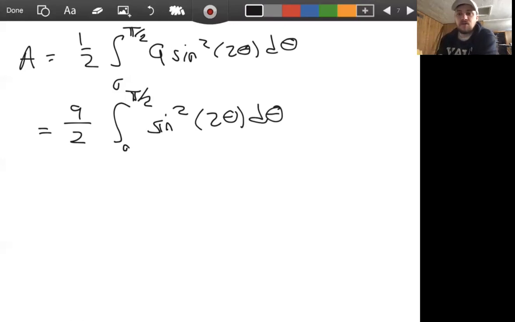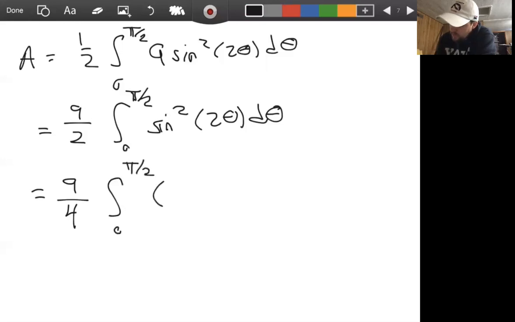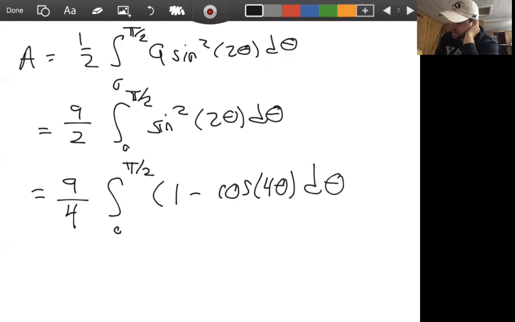And from here, you can use a trig identity on sine squared, and this becomes 9/4, right? Integral from 0 to pi over 2, 1 minus cosine of 4 theta d theta, right?